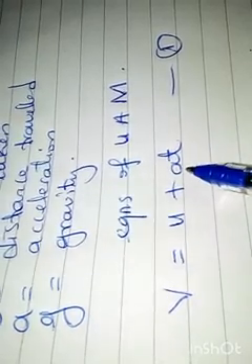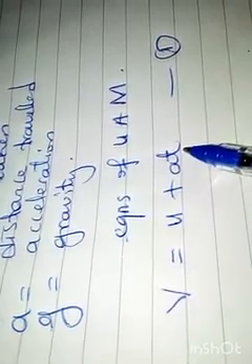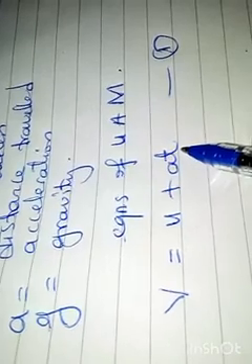So, equations of uniformly accelerated motion. The three equations include V equal to U plus AT. Equation 1. Remember, V means final velocity or final speed, U stands for the initial, A stands for the acceleration, and T stands for the time taken. This is equation 1.